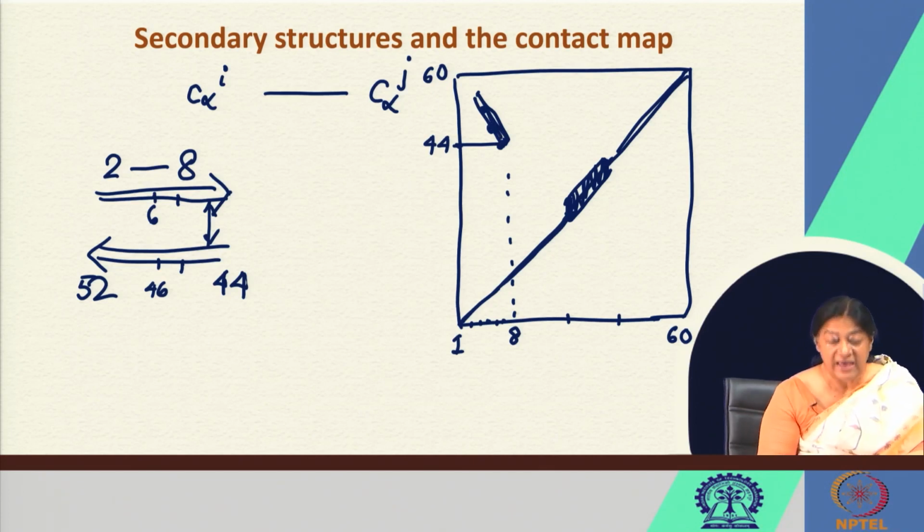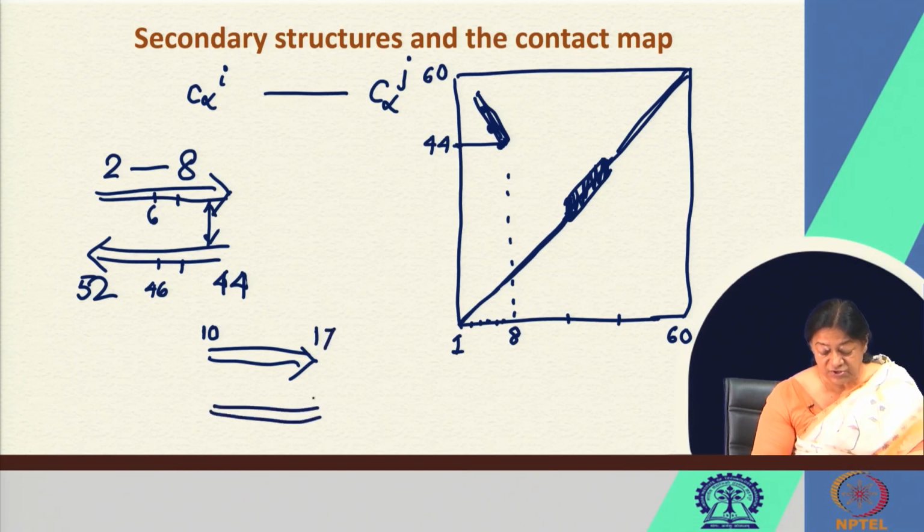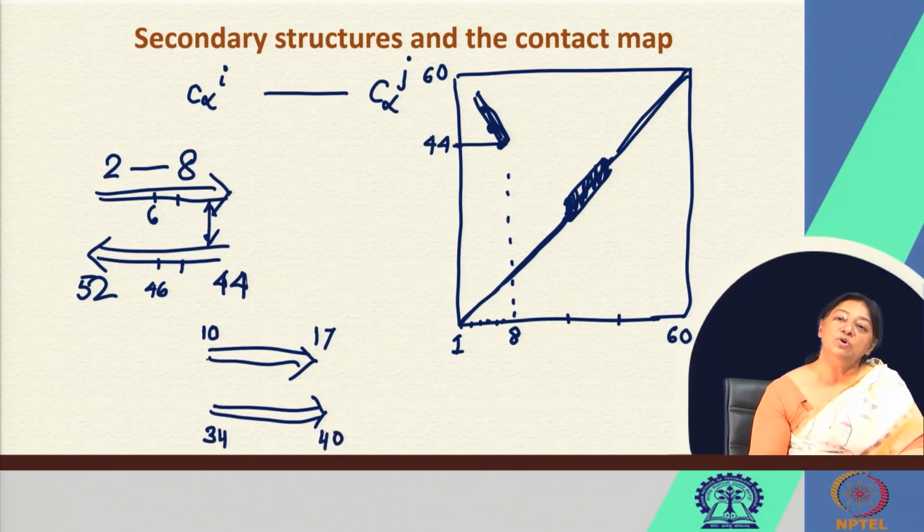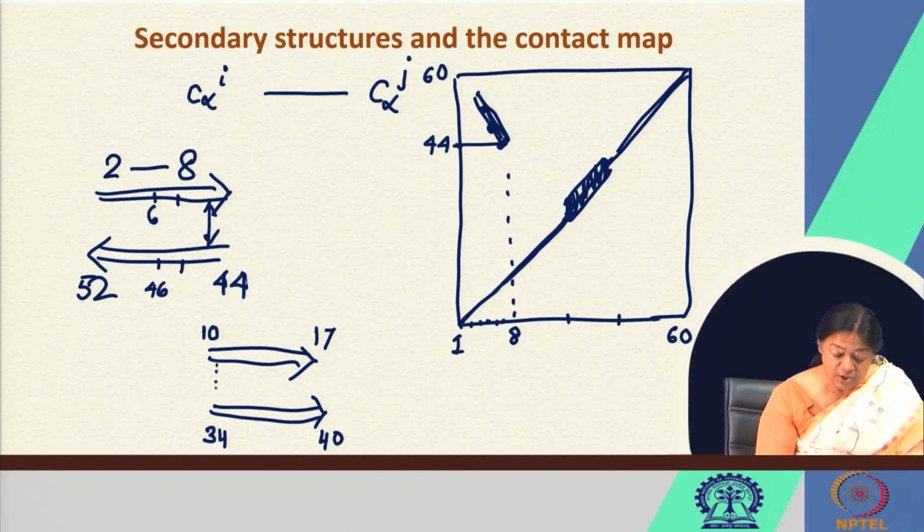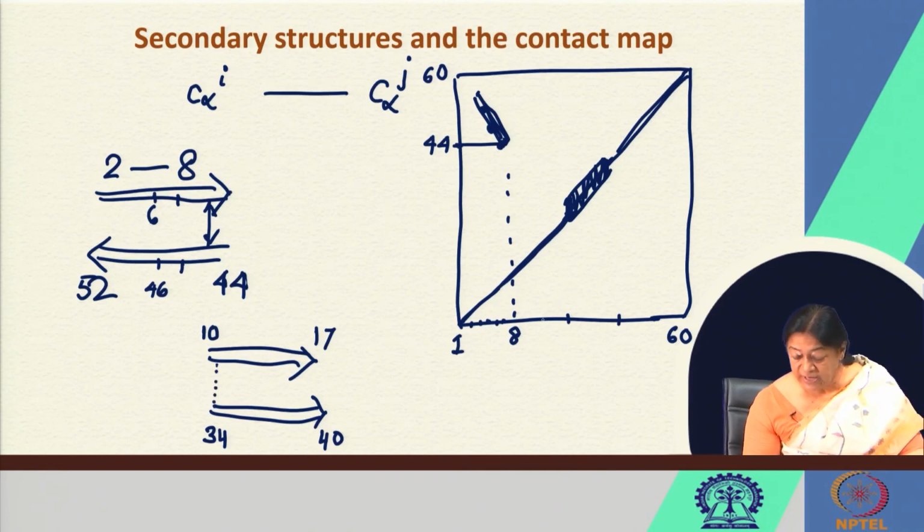Now, say I have a parallel strand. Let us go to a region we have not considered, say from 10 to 17, and I have a parallel strand from 34 to 40. When I am looking at hydrogen bonding patterns here, I would have 10 close to 34. So, 10 would be here and 34 somewhere here.